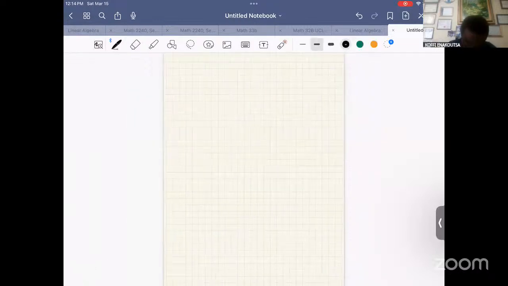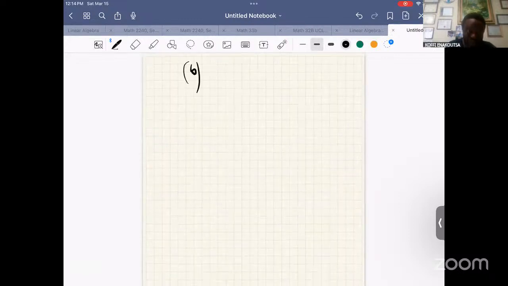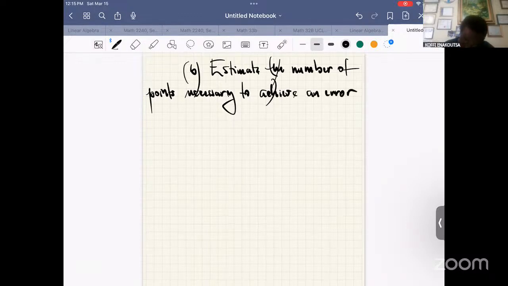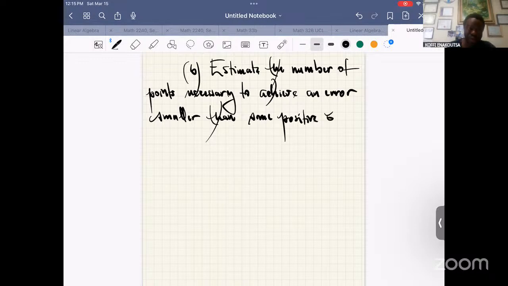Okay, so there's a big question. Estimate the number of points necessary to achieve an error smaller than some positive number tau, like this.